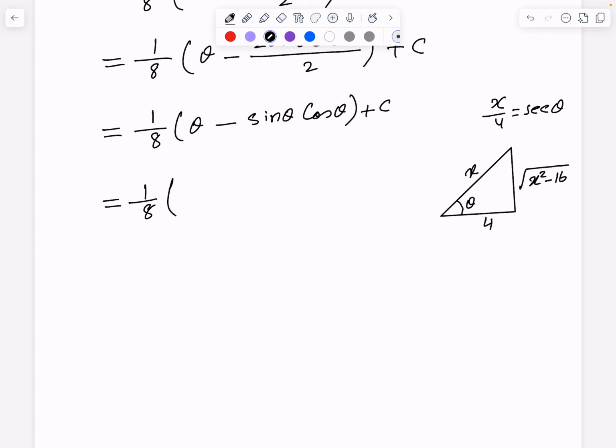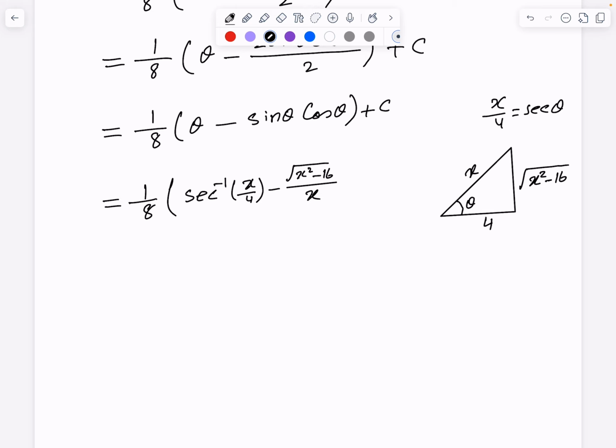Theta means secant inverse of x over 4, minus sine theta, which is opposite, square root of x squared minus 16, divided by x.